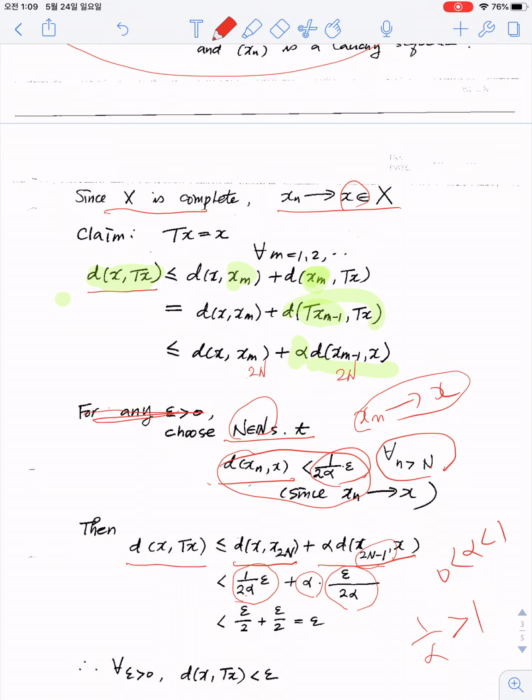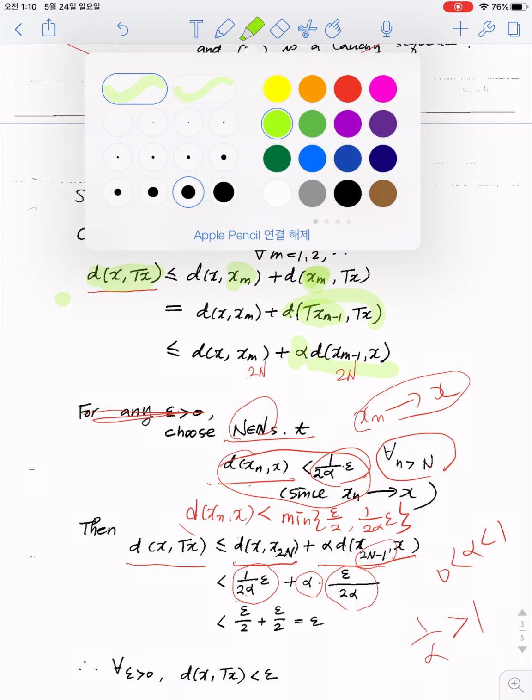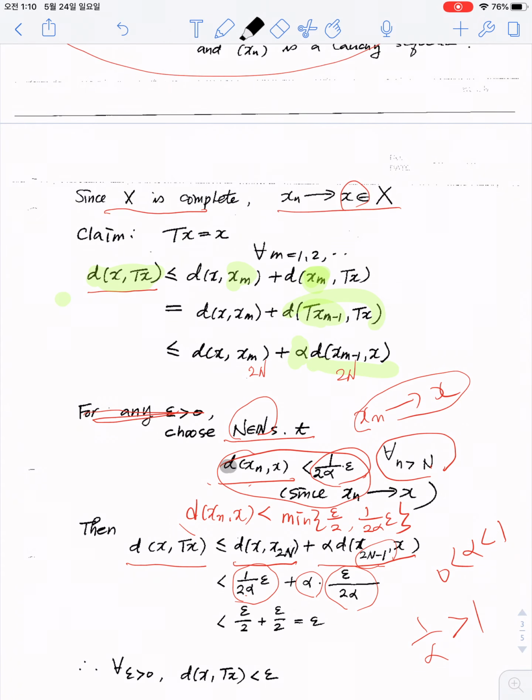Let me fix this one: d(xn, x) is less than the minimum of epsilon over 2 and 1 over 2 alpha epsilon. Okay, so we use this one. So this guy is less than this one, so we remove this part and we replace that one by this one.